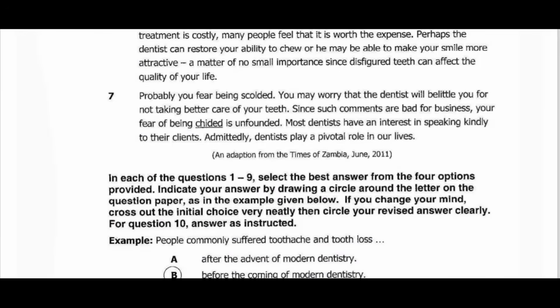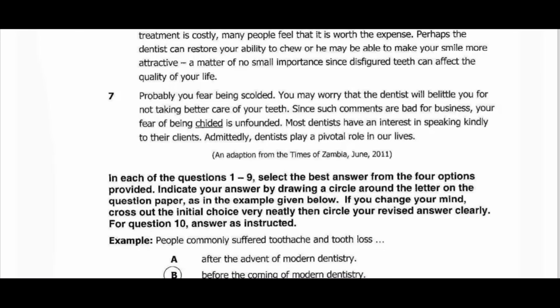Probably you fear being scolded. You may worry that the dentist will be rude to you for not taking care of your teeth. See, such comments are bad for business. Your fear of being chided is unfounded. Most dentists have an interest in speaking kindly to their clients. Admittedly, dentists play a pivotal role in our lives.